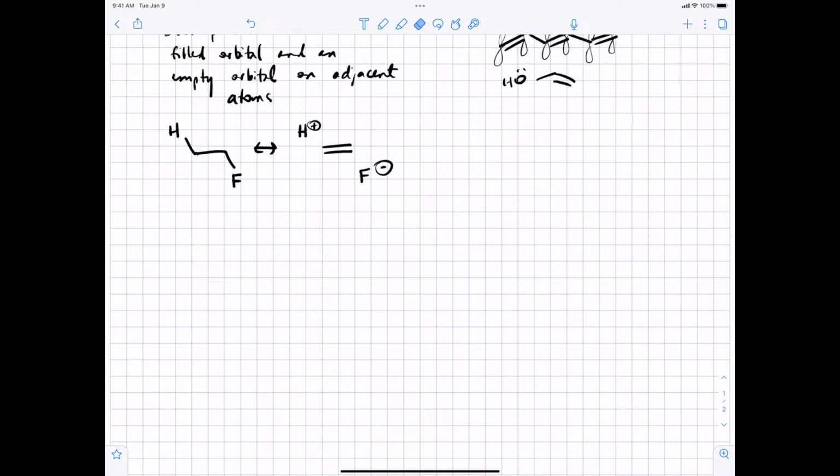Though, in a perhaps more detailed way, rather than think of hyperconjugation as involving resonance structures, you can think of it as what would happen if you had a sigma bonding orbital overlap with an empty anti-bonding orbital, sigma star, okay?